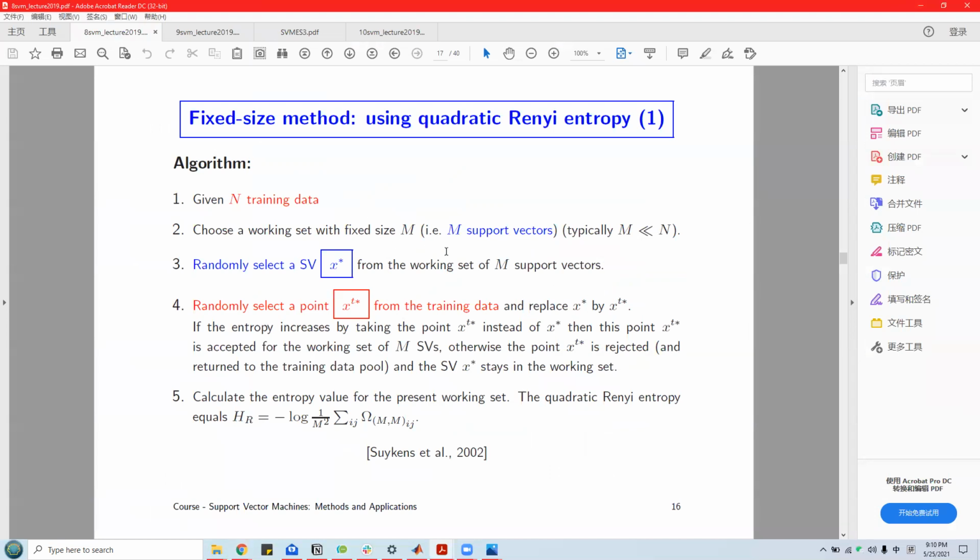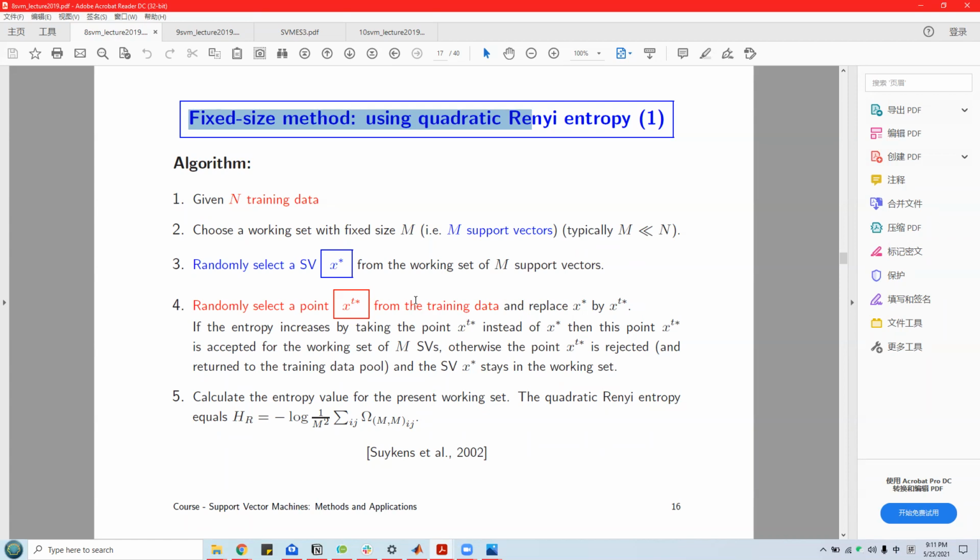Okay, so can I just recap what has been discussed? You are discussing from here, right? I think this part of the code is using the quadratic Renyi entropy. Basically, you start with a subset of M support vectors, and then you randomly select one and try to replace one in the set with it.